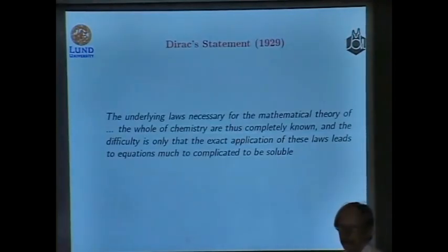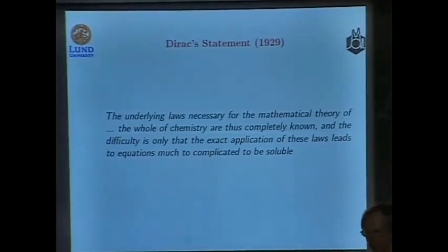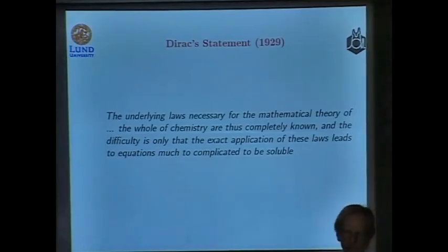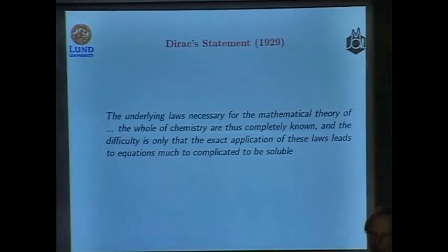It was a rather pessimistic view in the beginning, and this is a statement that most of you have probably seen already, by Dirac from 1929: that the theories are known, but we cannot apply them because they are so complicated. Or in simple terms, the Schrödinger equation cannot be solved. Too complicated.